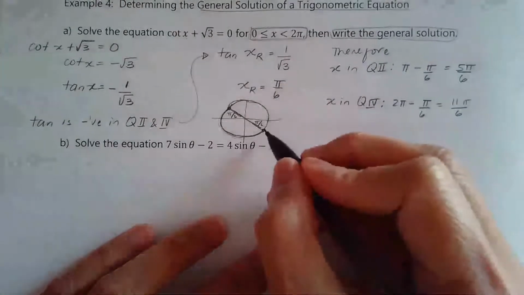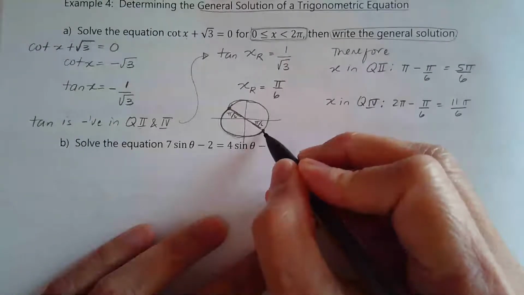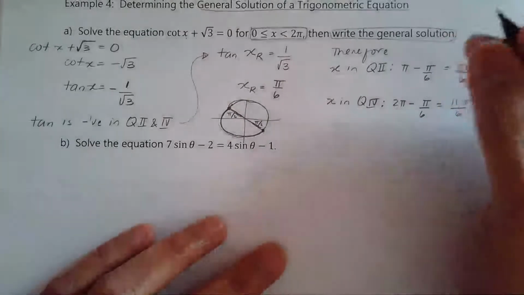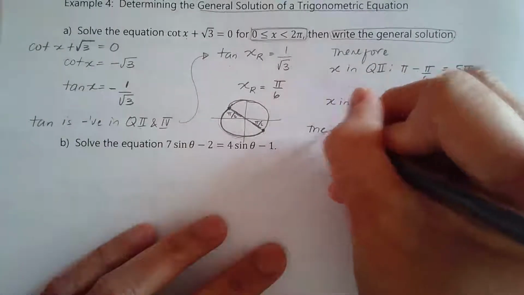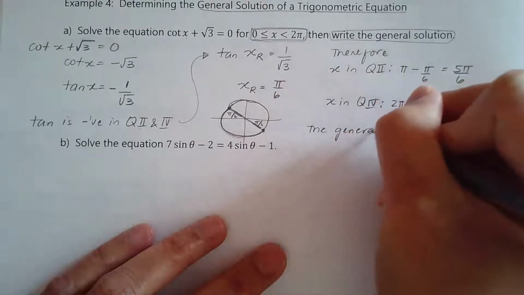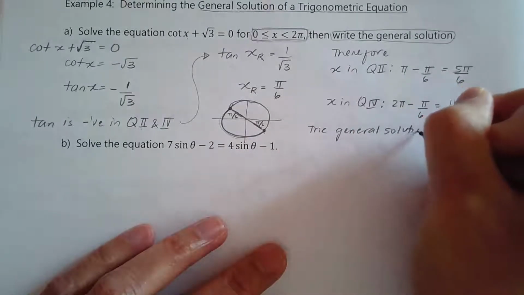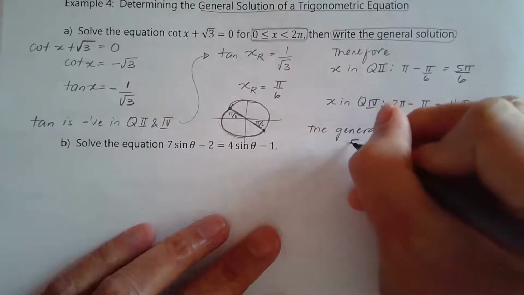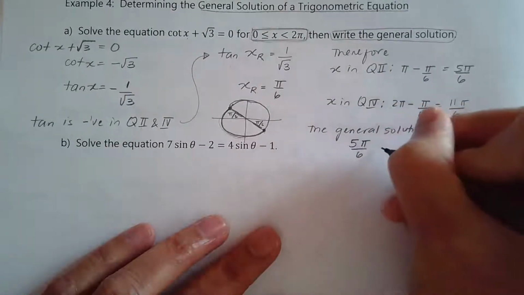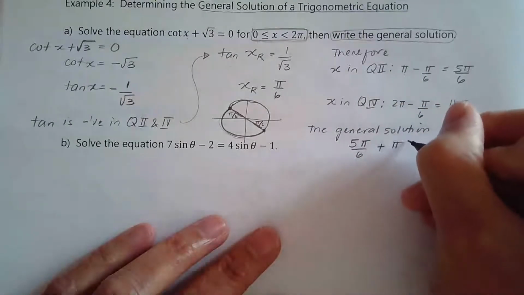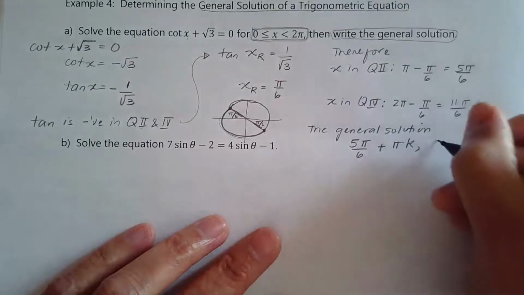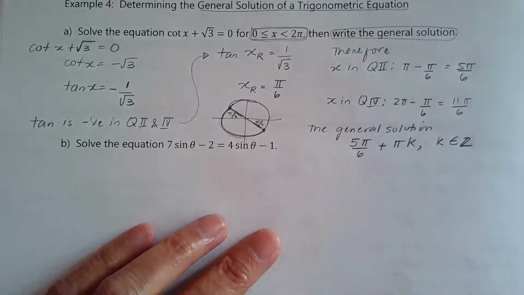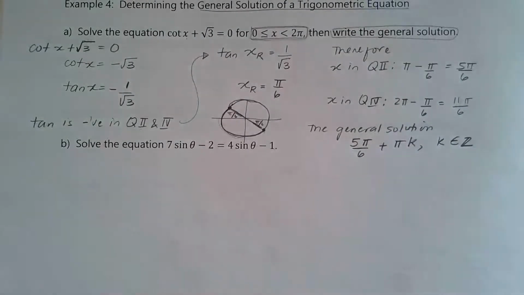We're rotating multiples of pi. So the general solution we can say is 5 pi by 6 plus pi times k, where k is an element of an integer. So x amount of pi terms.